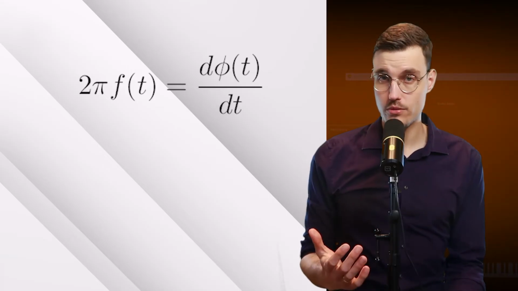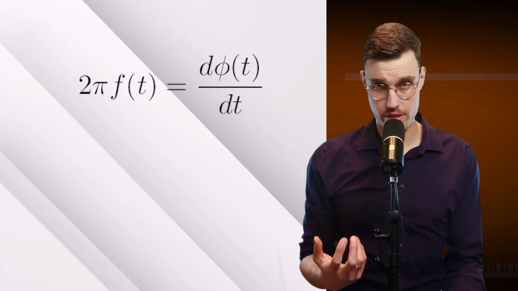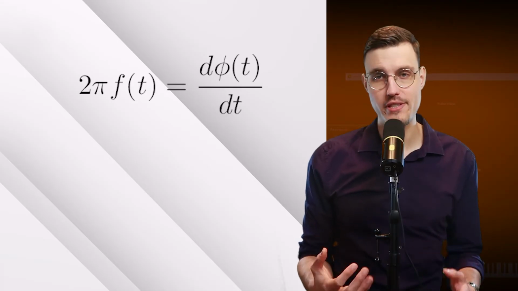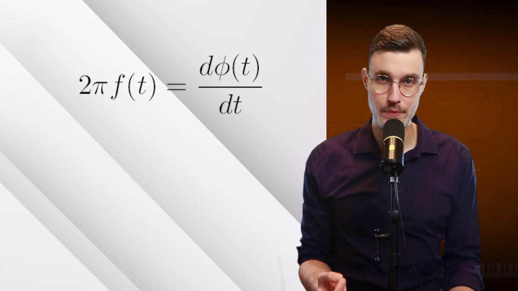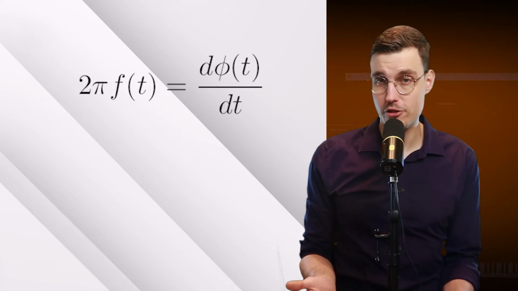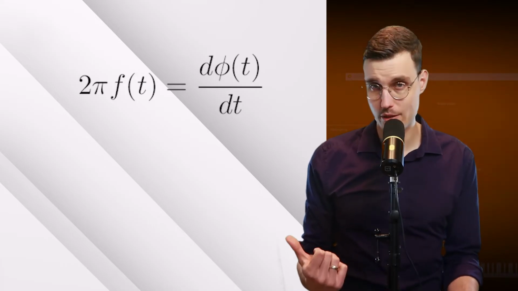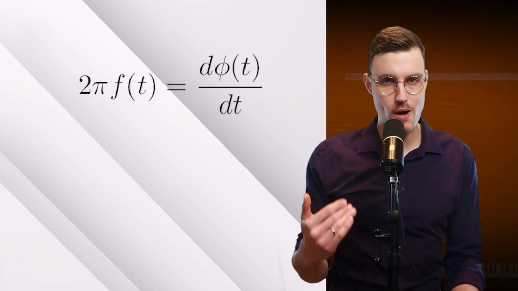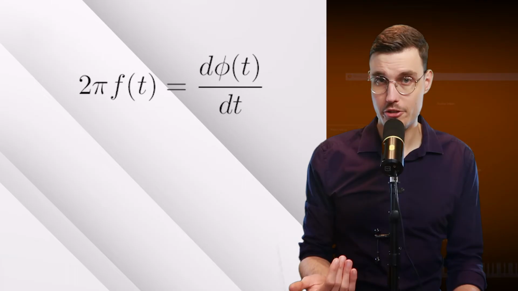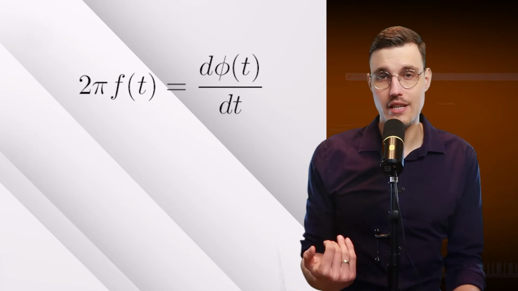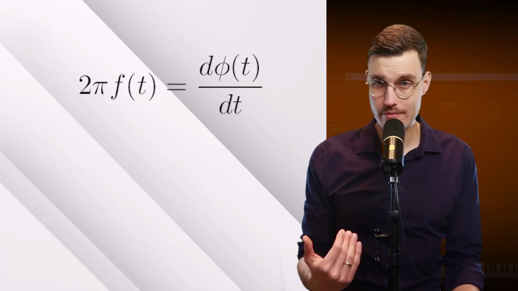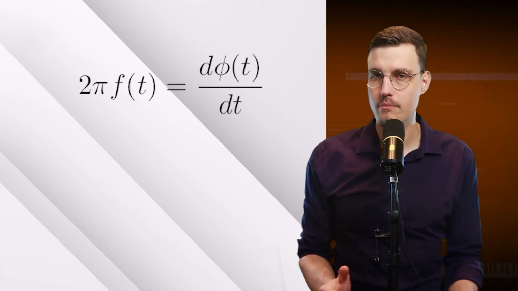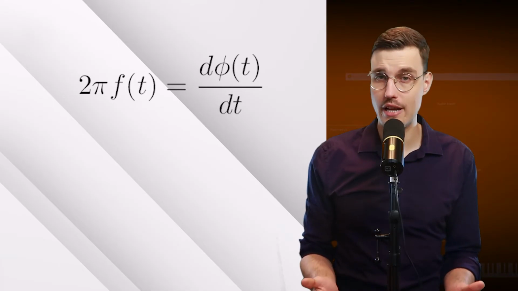Just as a side note, if you don't know what a derivative is, it is a measure of how much a given function changes at every point in time. The derivative is also a function. If you think about this equation, it makes total sense. If the phase changes rapidly, the derivative is large and the frequency is high. If the phase changes slowly, the derivative is small and the frequency is low. Back to our discussion on proper FM formula.